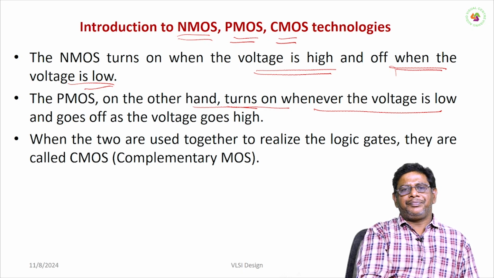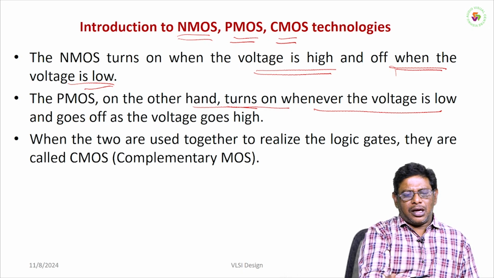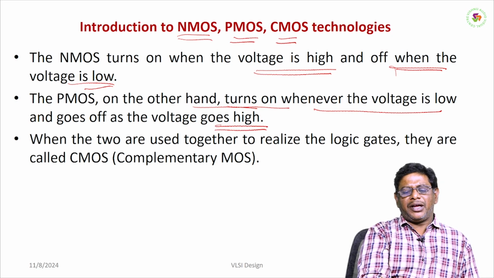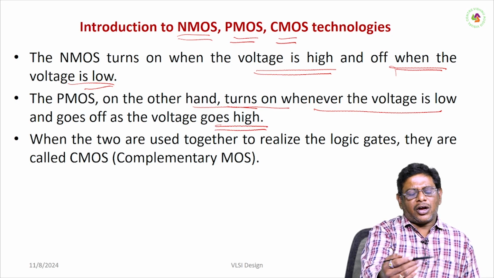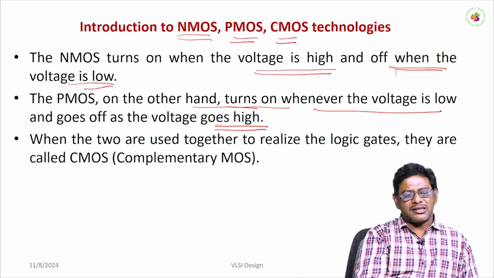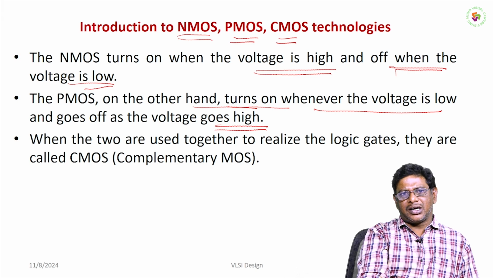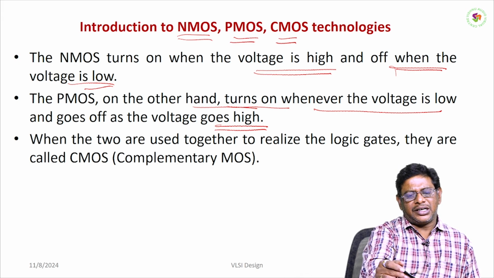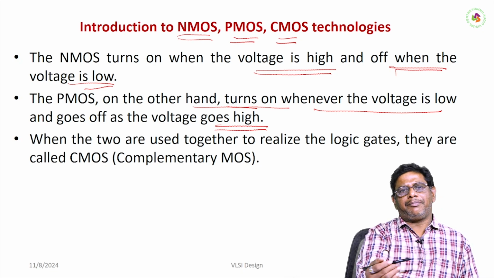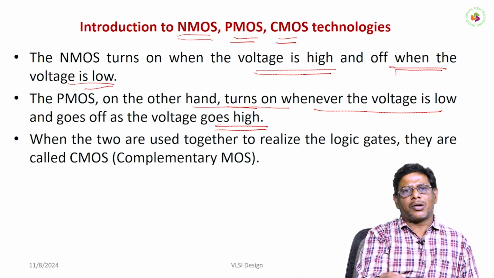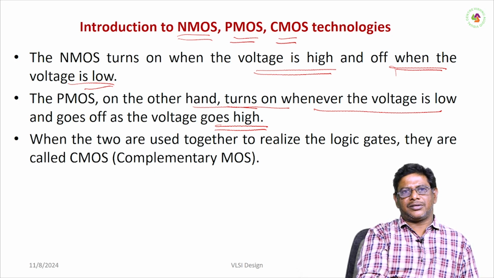At the same time, PMOS is off when the device is under high. So a combination of these two, PMOS as well as NMOS, is treated as a complementary metal oxide semiconductor, where when the NMOS device is in on state, the PMOS device is in off state, and vice versa, whenever you are processing a certain sort of design with the help of CMOS technology.